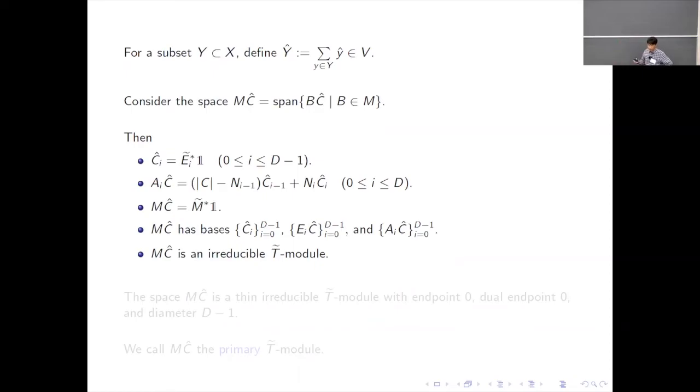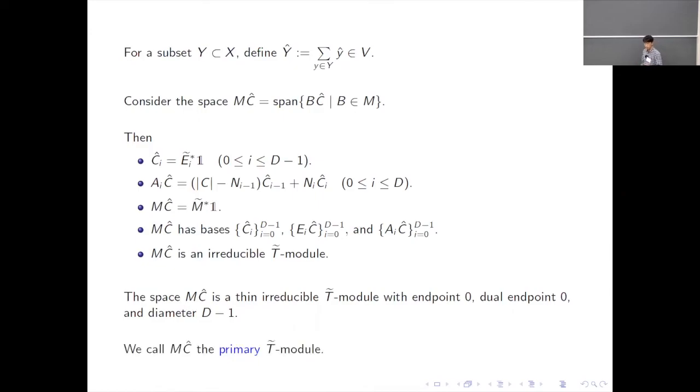We can show that MC hat is actually equal to M star tilde times the all-ones vector. So MC hat is a T tilde module, and MC hat has a basis. Based on these properties, we can say that this MC hat is actually a thin irreducible T tilde module with endpoint 0, dual endpoint 0, and diameter d minus 1. We call this T module the primary module.